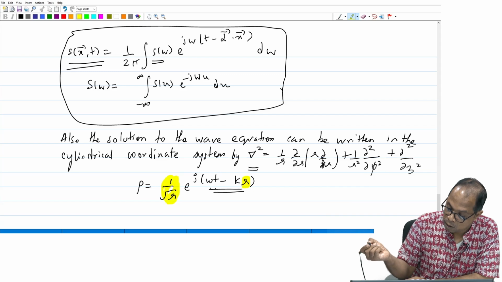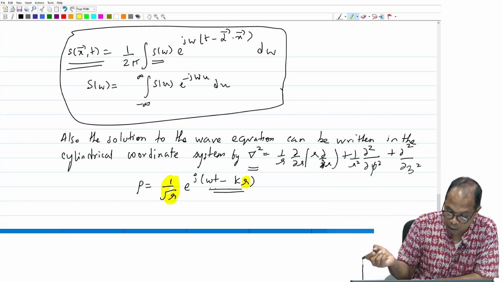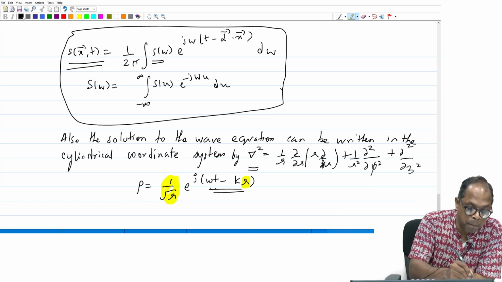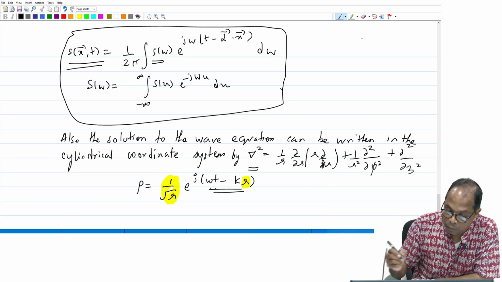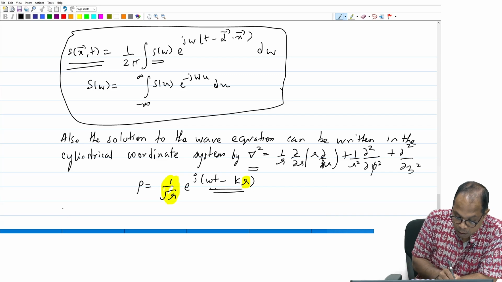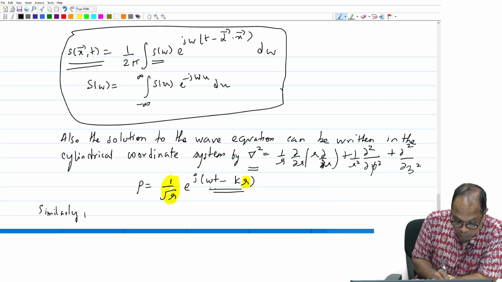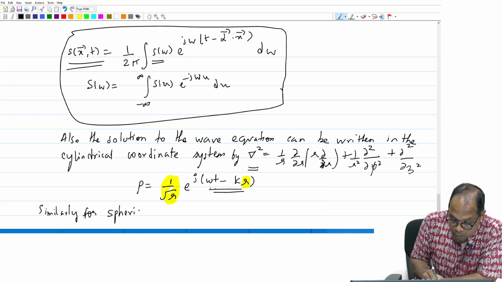Now let us write it again, similarly, for the spherical coordinate system.